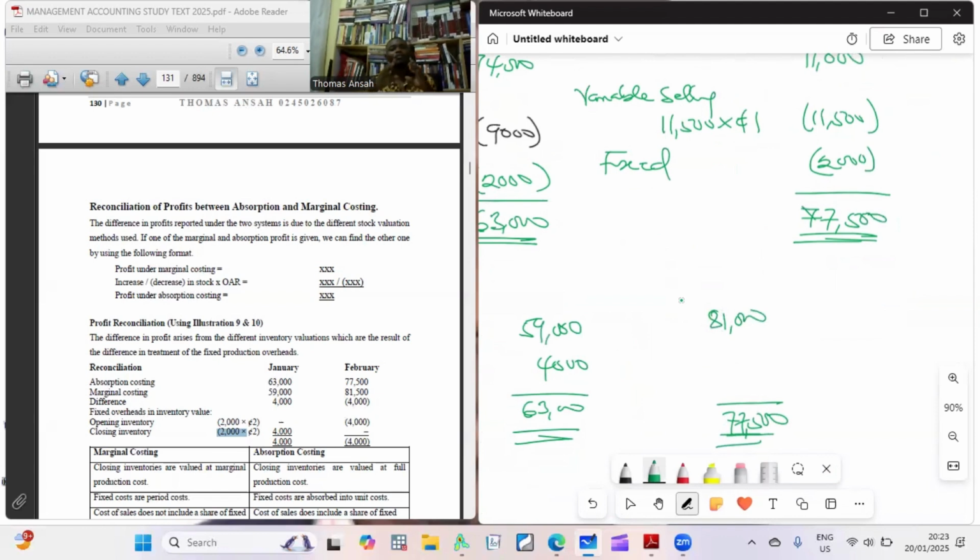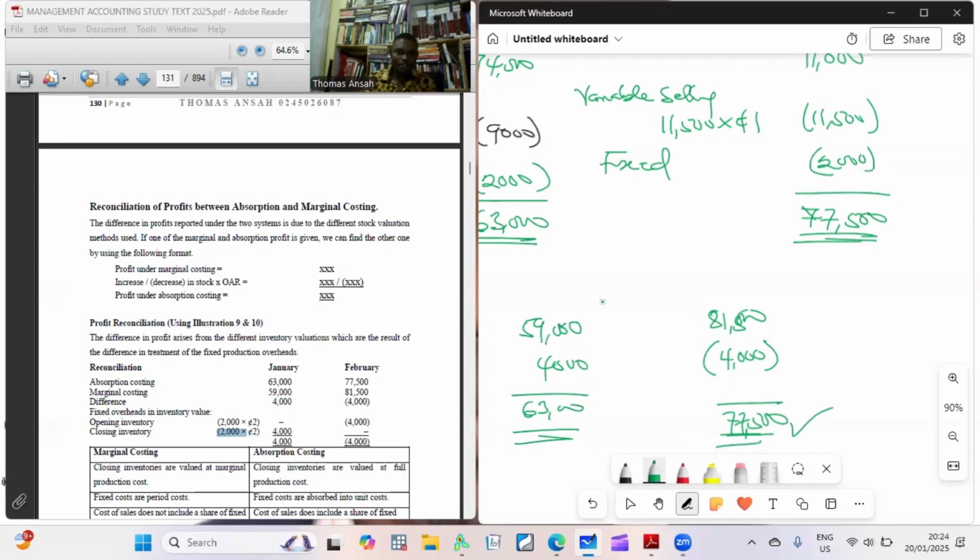But the same stock we had for closing is what you have for opening. So if I adjust it with the difference of 4,000, you will see that I should end up with the same thing. So basically, that is that.